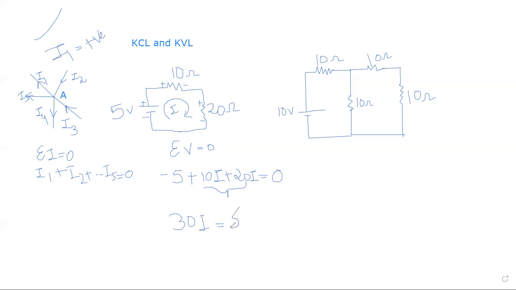Or I can say I is equal to 5 by 30, or it can be said as 1 by 6 ampere. So how much current is flowing through this loop? I is equal to 1 by 6 A.